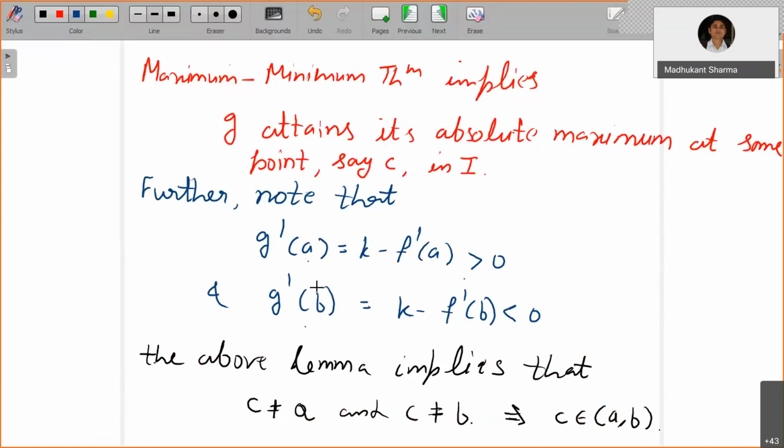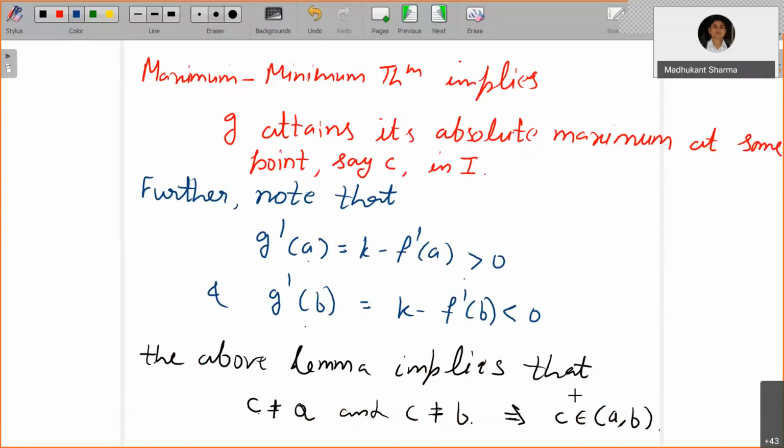Similarly for the case when g dash of b is less than 0. But c is a point where g attains its absolute maximum, so c is neither a nor b. Therefore c is an interior point of interval I.